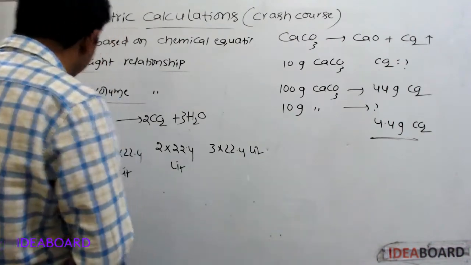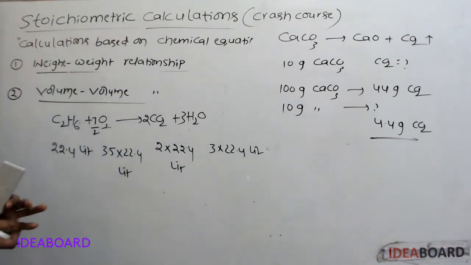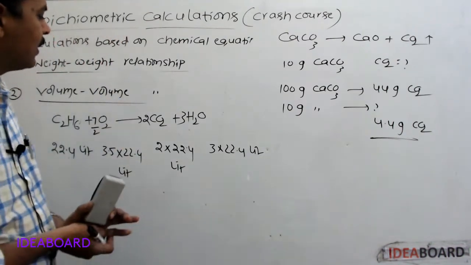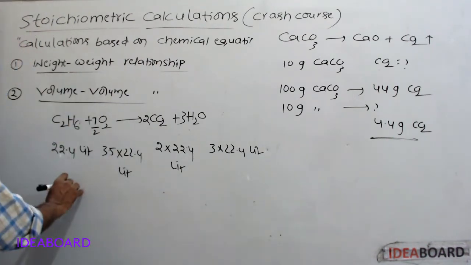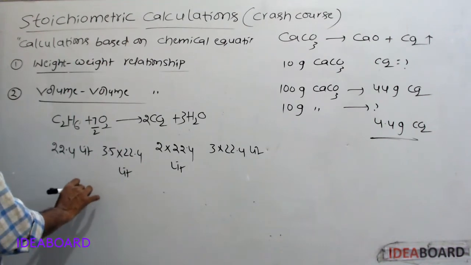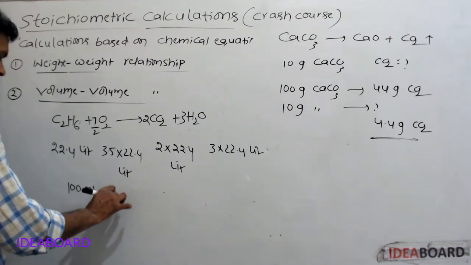So here if the problem is given like this: what is the volume of CO2 gas liberated during the combustion of 100 milliliters of ethane?